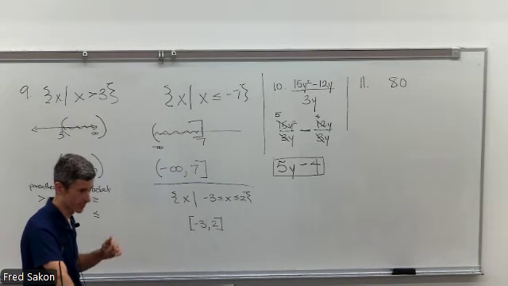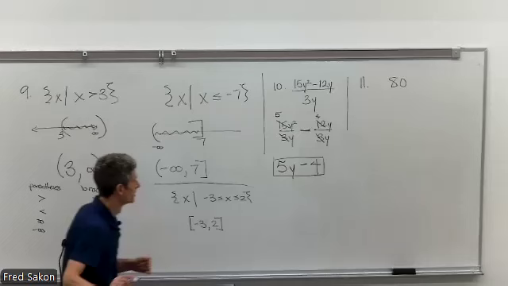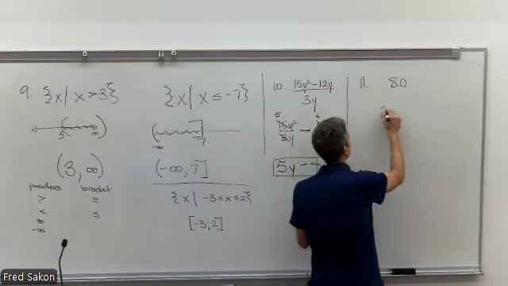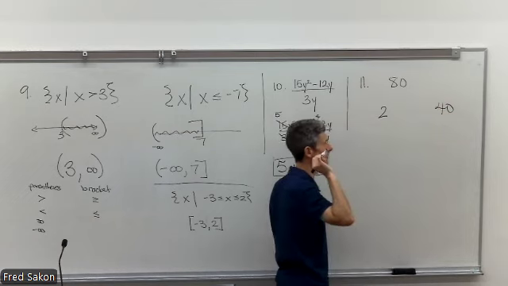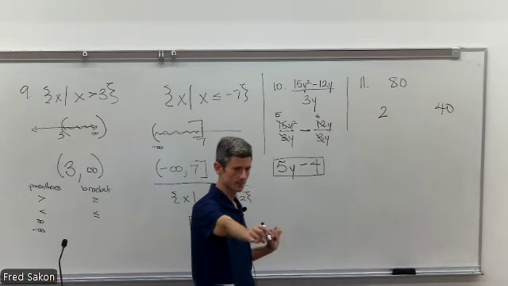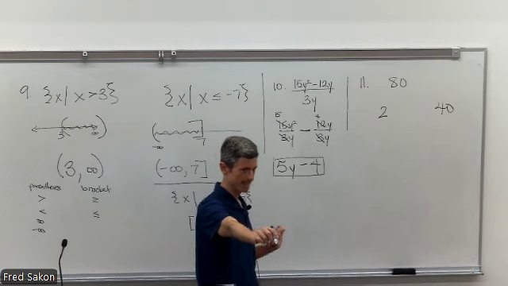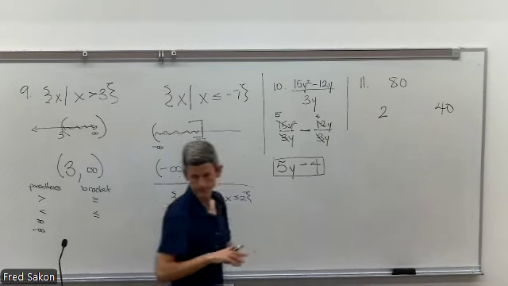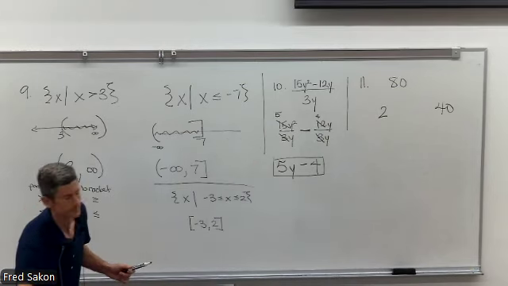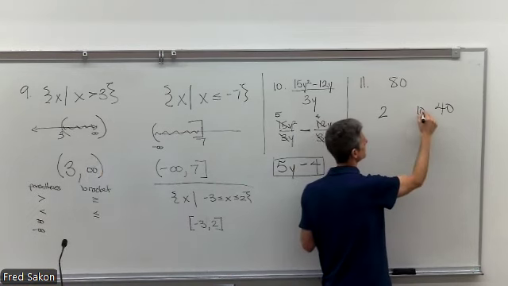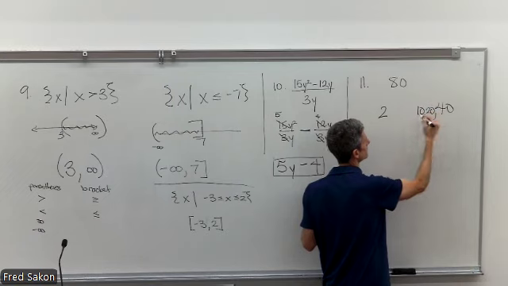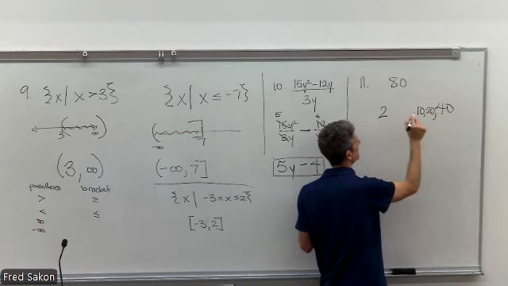The 2 and 40 are factors. And what other ones? 8 and 10. 4 and 20.